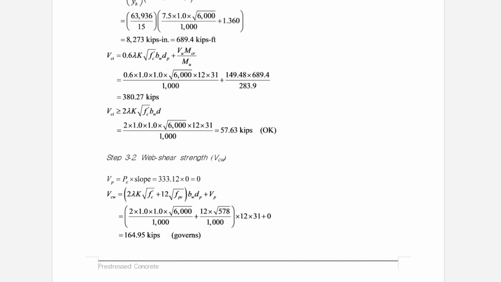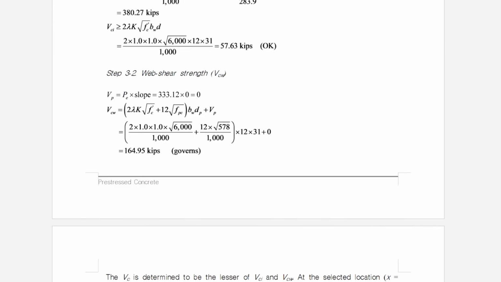How about the web-shear strength? It's a straight tendon profile, so Vp is 0, and fpc is 578 psi. Finally you get 164.95, which is smaller than Vci, so this would govern.